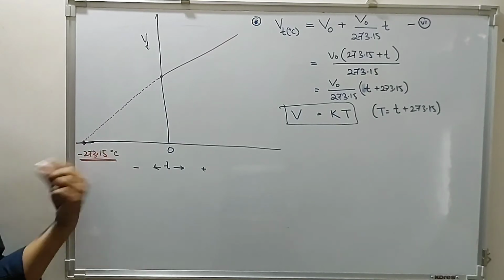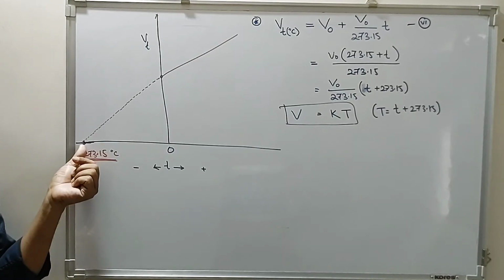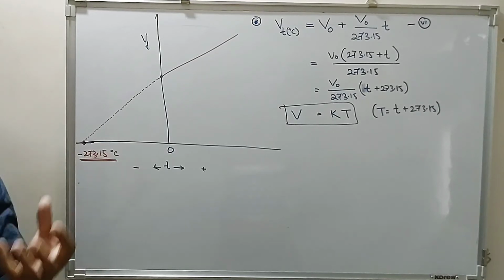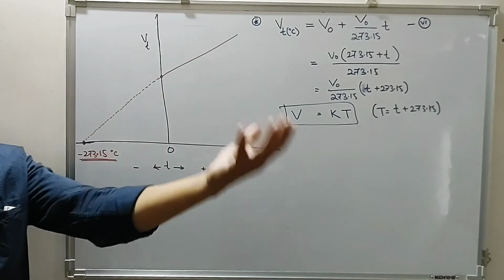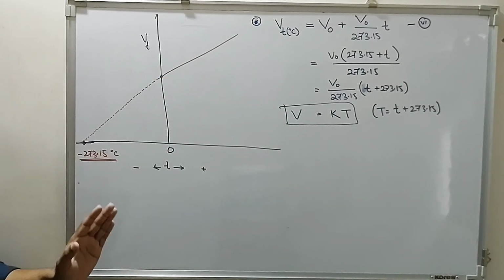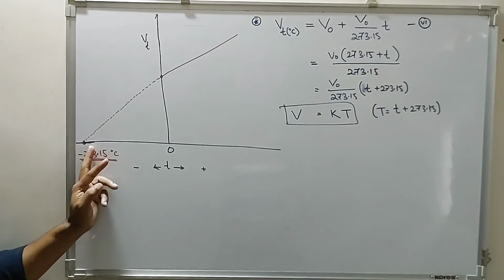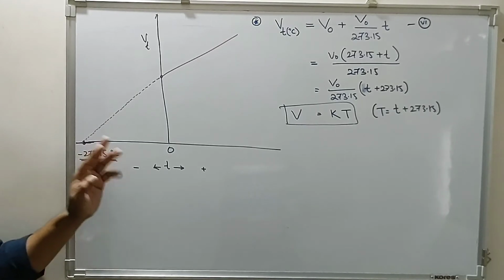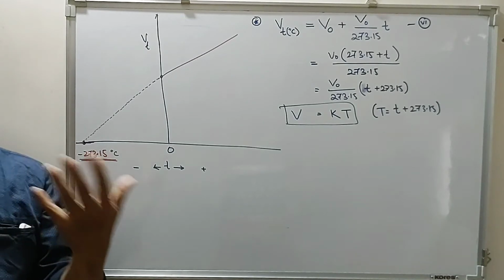Beyond this point, or even at or near this point, the physical state of gas disappears and it appears in the form of liquid. So before this temperature, gas will exist. At this temperature or beyond it, gas will disappear and be converted into liquid state.